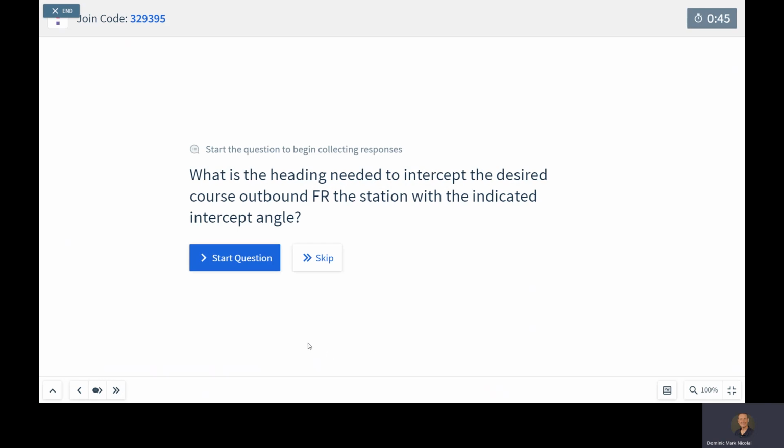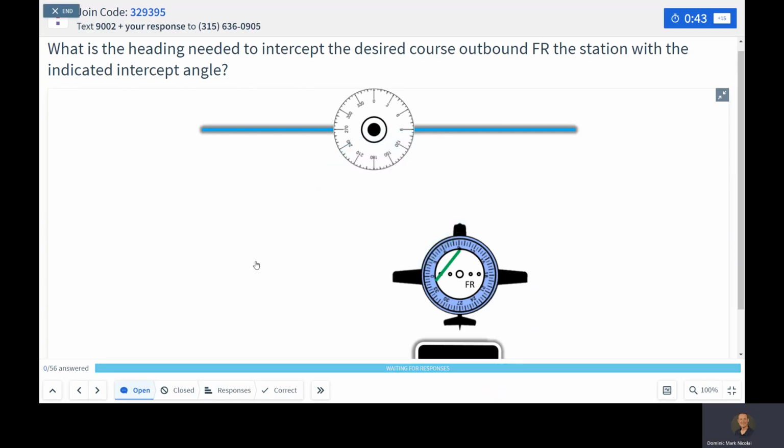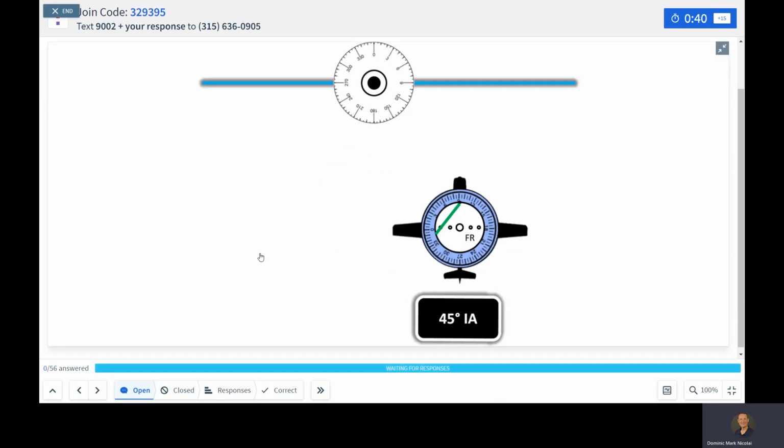Heading needed to intercept desired course outbound from the station with the indicated intercept angle. 45-degree intercept. 090 course from the station.